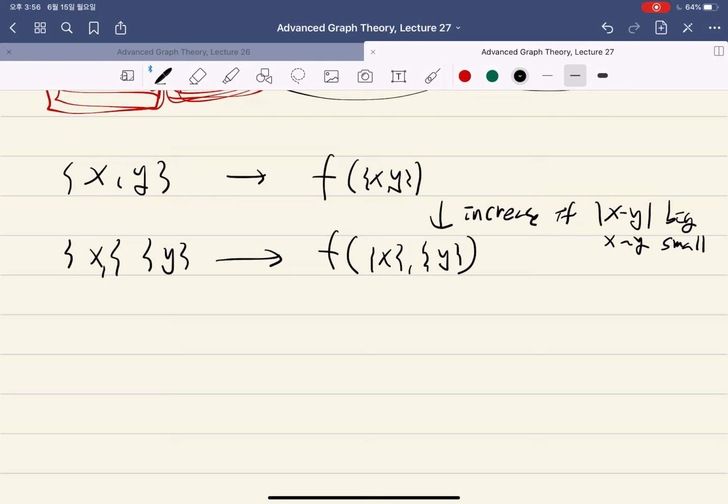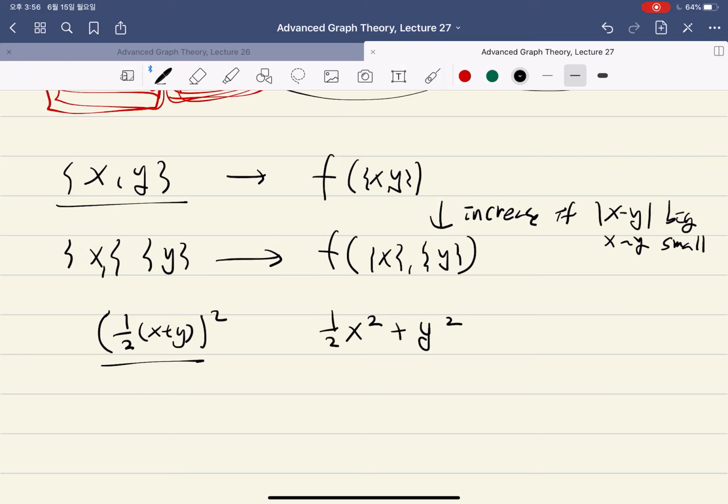One of the easiest ways of finding such a function is that you take the average and square. There are several parts. You take the average and square and then add. So this was before, and then here you take the average and square, and you take the average and square, and then you don't just add it.